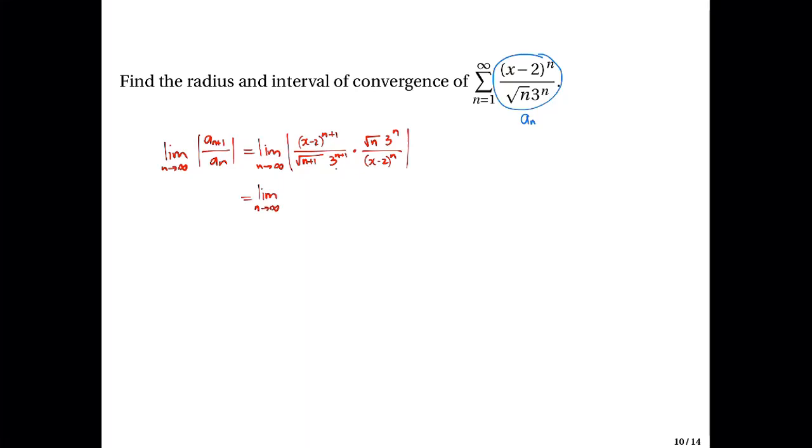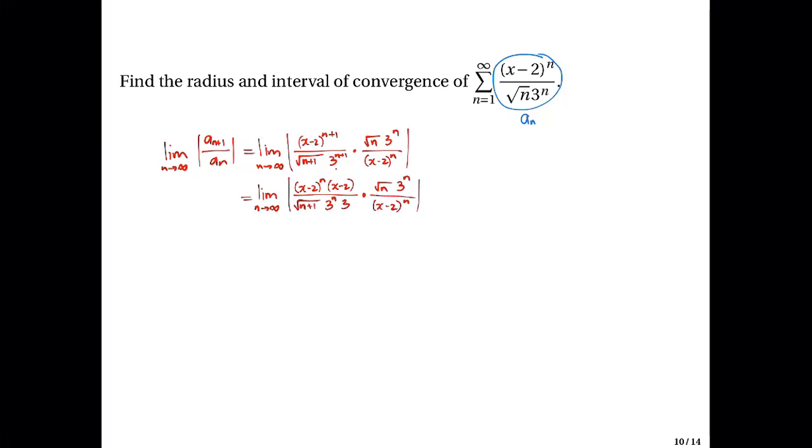So we will get x minus 2 to the n times x minus 2 divided by square root of n plus 1, 3 to the n times 3. And then here we just copy, so that we will have square root of n, 3 to the n over x minus 2 raised to n.